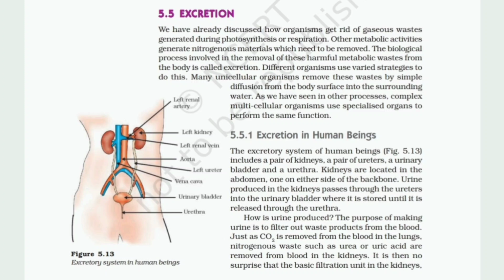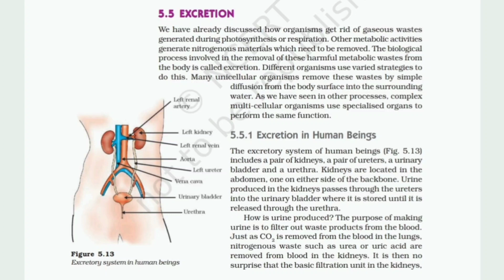Different organisms use varied strategies to do this. Many unicellular organisms remove these wastes by simple diffusion from the body's surface into the surrounding water. As we have seen in other processes, complex multicellular organisms use specialized organs to perform the same function.